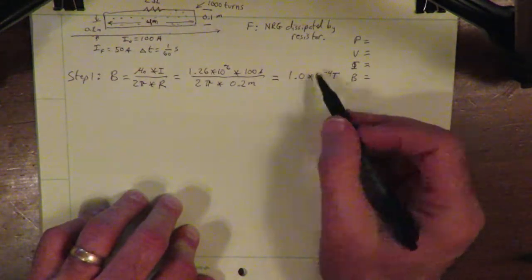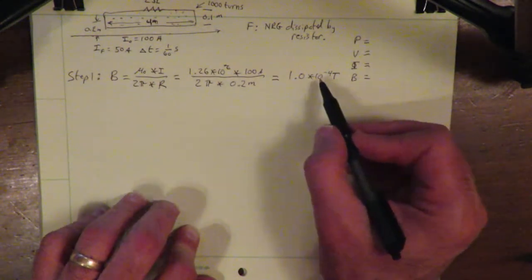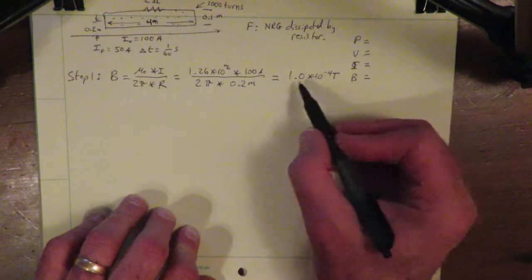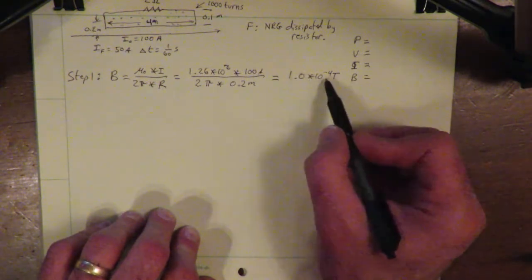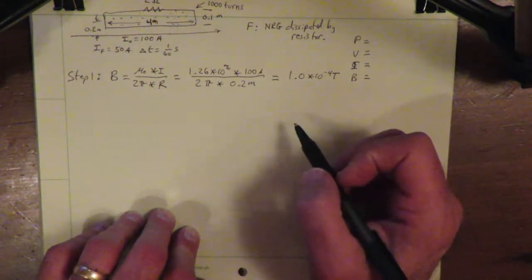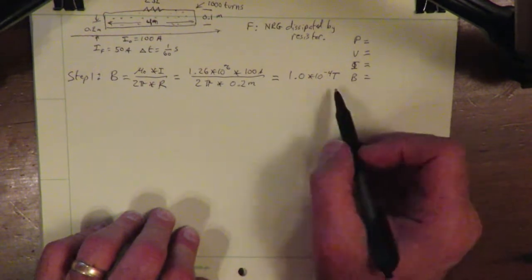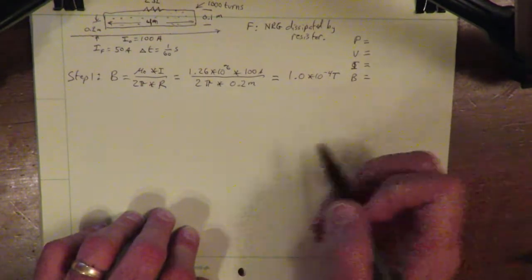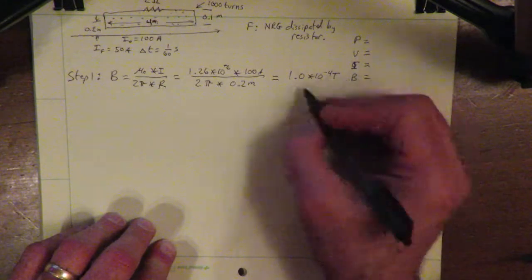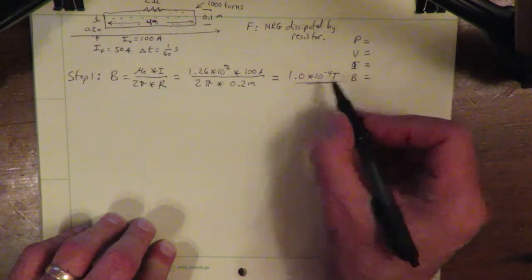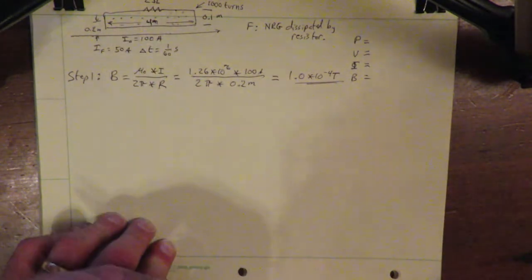There's a couple digits farther out, but we can round this off to 1.0 times 10 to the minus 4th Teslas. If you want to pause the video at this point so you can do that calculation, that's probably a good idea. But we figured out the strength of the magnetic field initially.